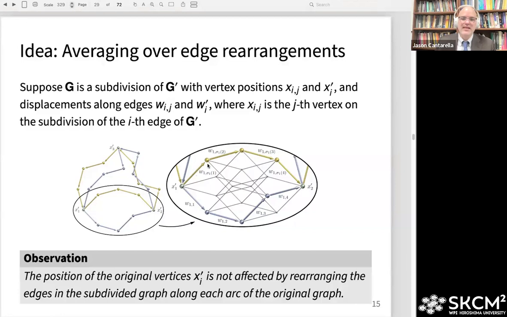For instance, in this yellow path, I've done W13 first, and then I've done W14 second, and then I've done W12 third, and then I've done W11 fourth. So any rearrangement of the displacements along a subdivided edge is compatible with the same positions of the junction vertices.